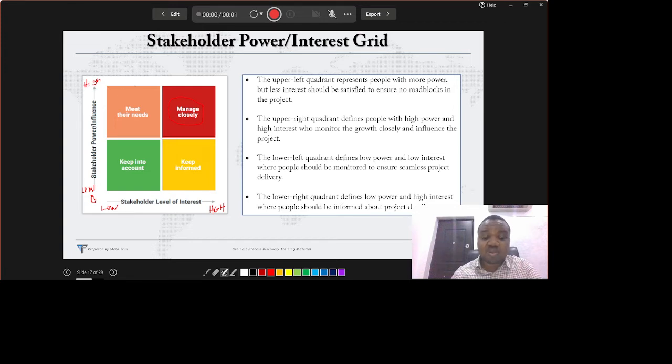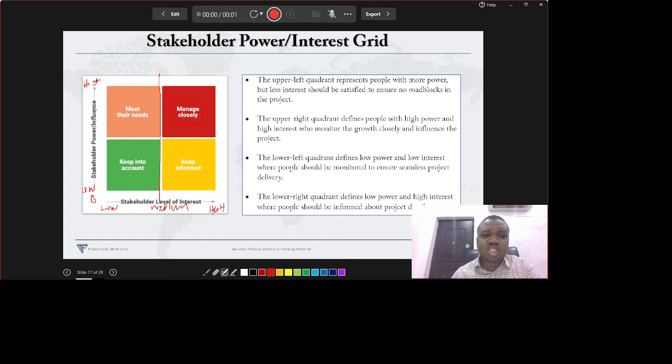You understand? And so they are high and powerful people. Their level of interest in that project is very low or at the medium. So we can put this at medium. So everything that falls on this line cuts across that medium. Yes, low to medium, medium to high.